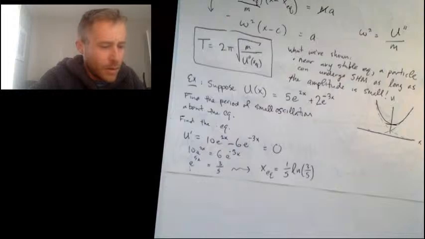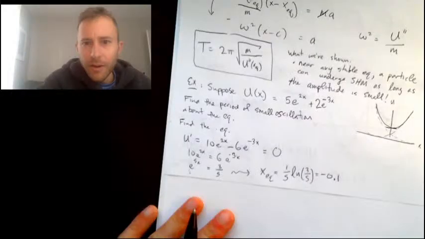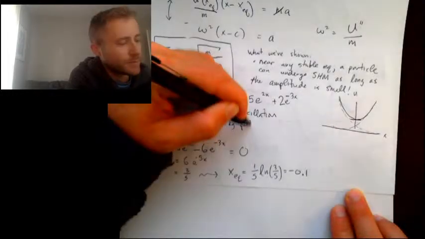And I get that the equilibrium occurs at x equals minus 0.1. Oh, and let's say that this is a 1 kilogram particle. So that's the first part.